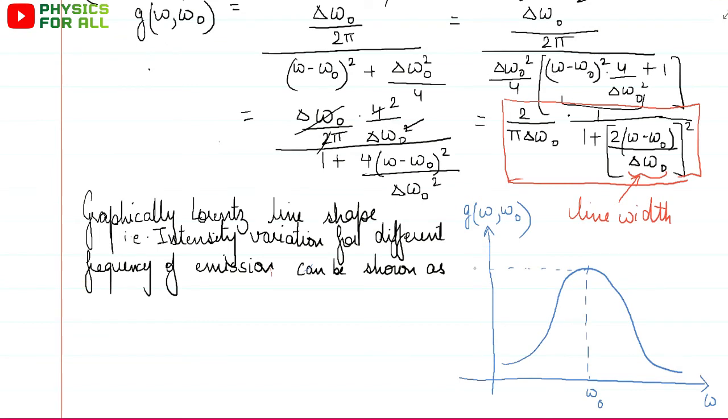What was our maximum value for intensity, highest frequency, highest intensity? So that is g(omega, omega naught) max. This represents g(omega, omega naught) maximum. So what was the maximum value?